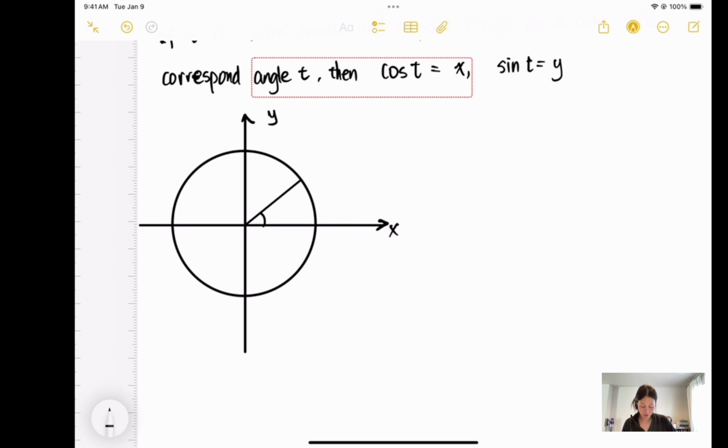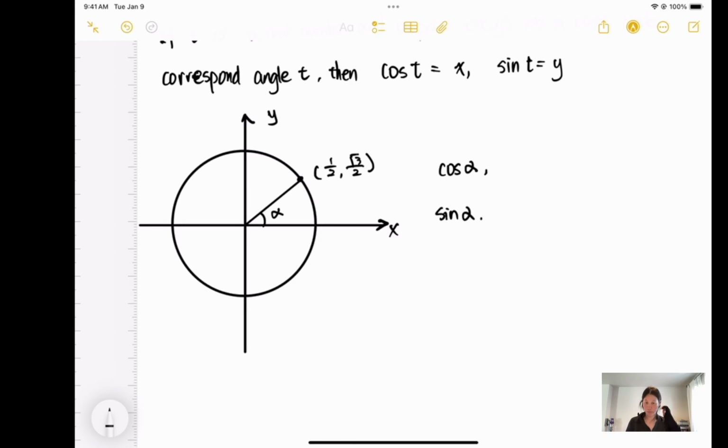Let's not use T, let's use Greek letters, because I want you to get more familiar with them. Let's say the angle alpha, and the point on here is (1/2, square root of 3 over 2). Now I want you to find what cosine alpha is and what sine alpha is. So by definition, since this is on a unit circle, cosine alpha is going to equal y.